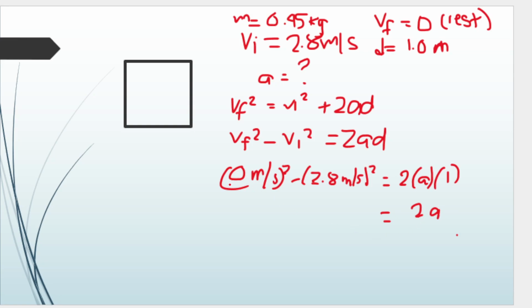2a. Here it becomes negative 7.84. So 2.8 squared is 7.84 because this is already 0. Meter squared per second squared.